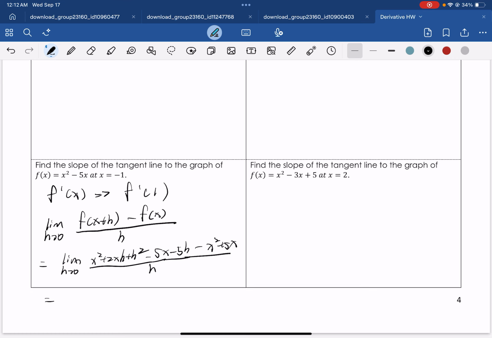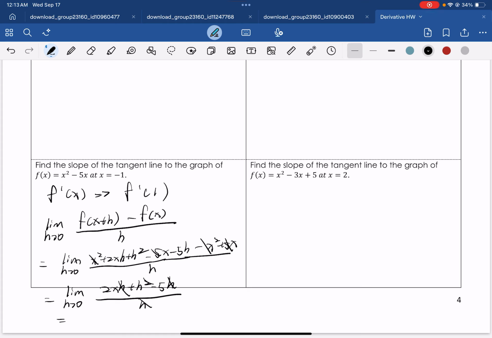So we cancel out x squared with negative x squared, and negative 5x with positive 5x. We are left with the limit as h approaches 0 of 2xh plus h squared minus 5h over h. We cancel out the h because they both have h.